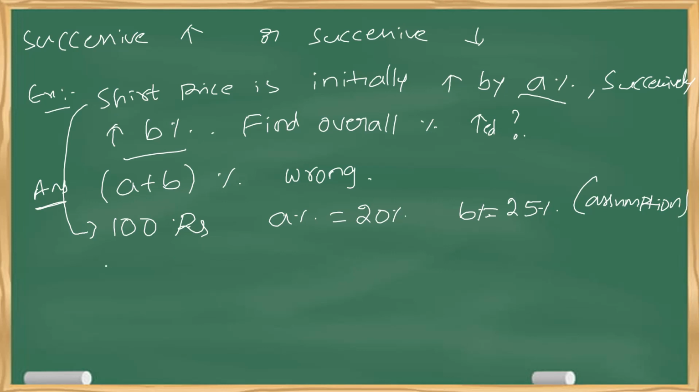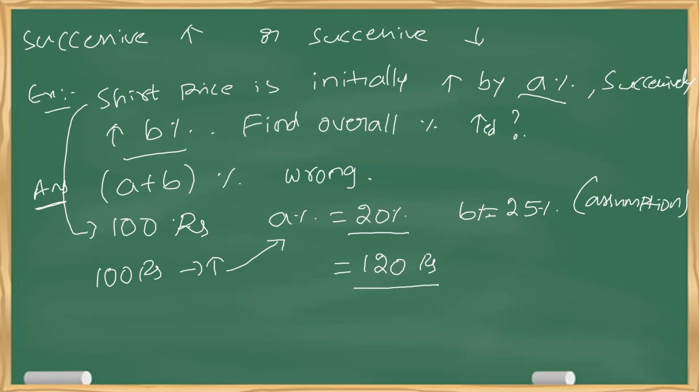Just for assumption's sake. Okay, now first 100 rupees is increased by a, so it becomes how much? 120 rupees. How it is 120 rupees, sir? 20 percentage of 100 is 20 rupees only.